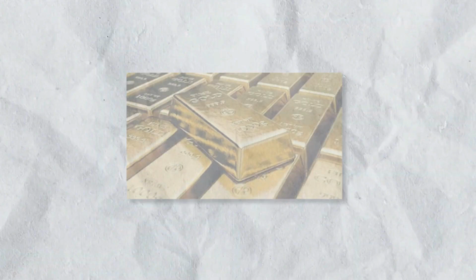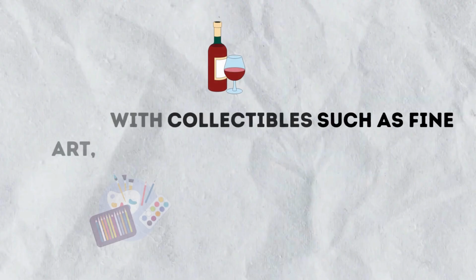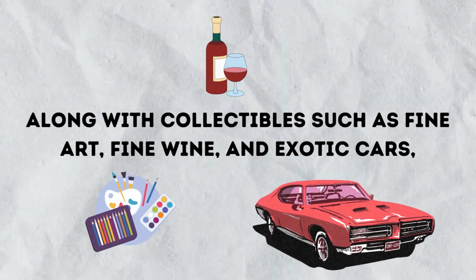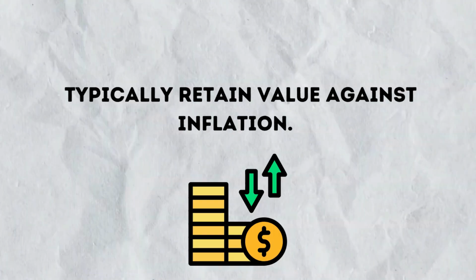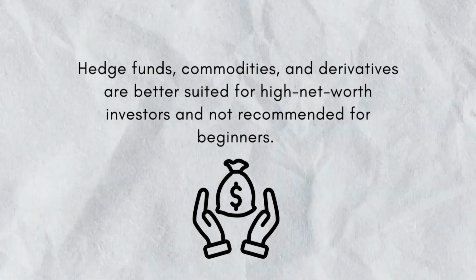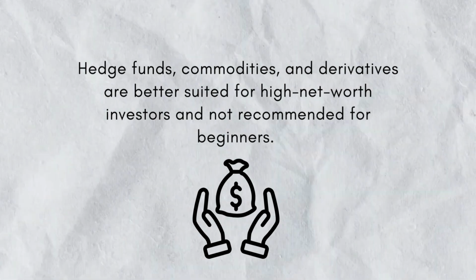Precious metals like gold, silver, platinum, and palladium, along with collectibles such as fine art, fine wine, and exotic cars, typically retain value against inflation. Hedge funds, commodities, and derivatives are better suited for high net worth investors and not recommended for beginners.